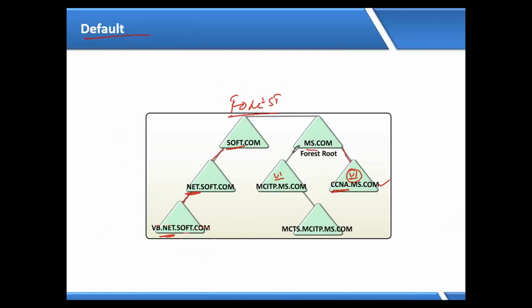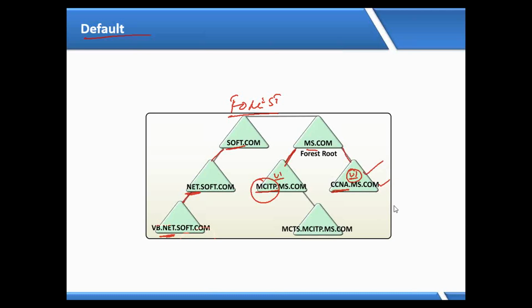Now the ms.com request comes to MCITP. After reaching MCITP, the user can log in. He can log in, but the disadvantage is logon authentication will be slow. You need to contact all individual domains. In order to overcome this, we can configure a trust called shortcut trust.